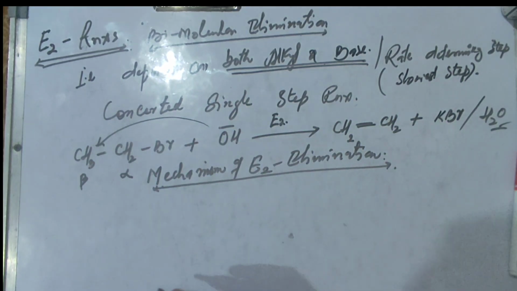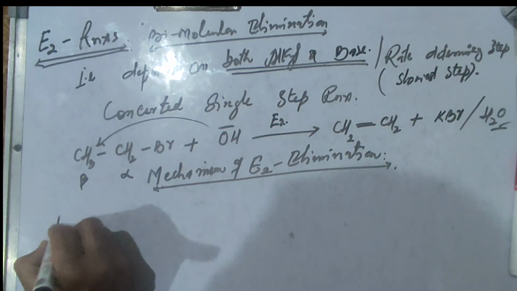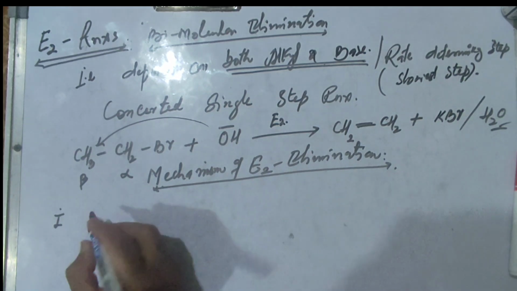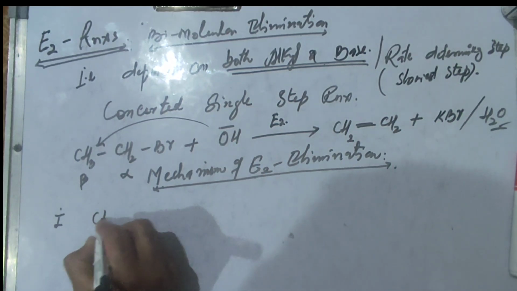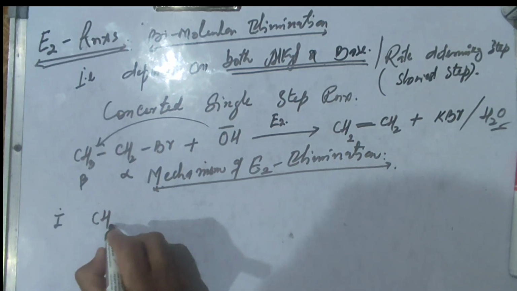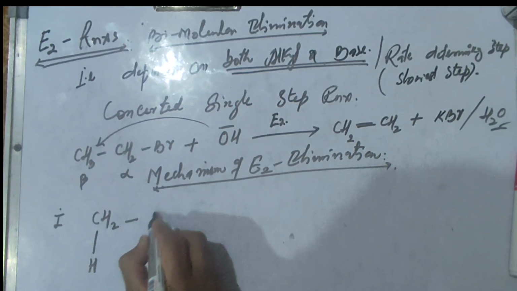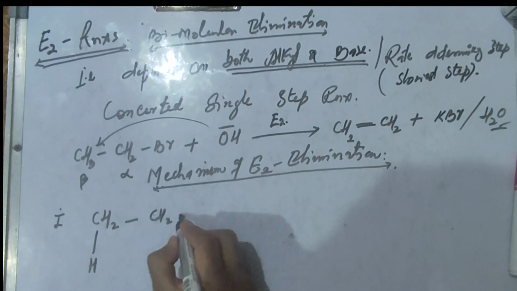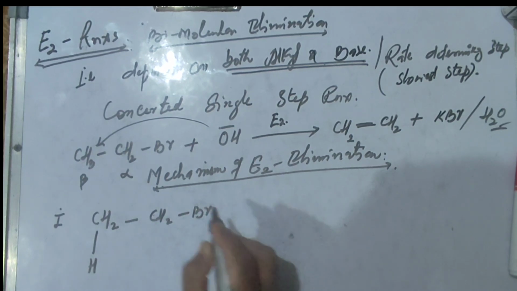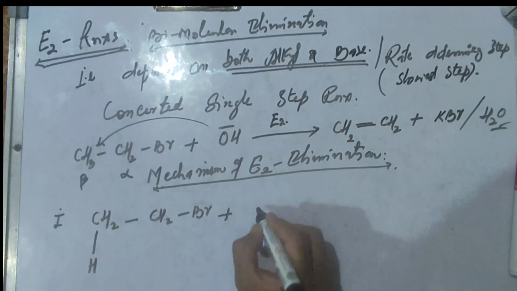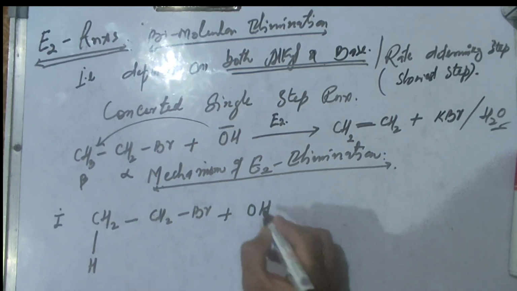The first step of this reaction: say we have this ethyl bromide, CH3CH2Br, in presence of a base OH.